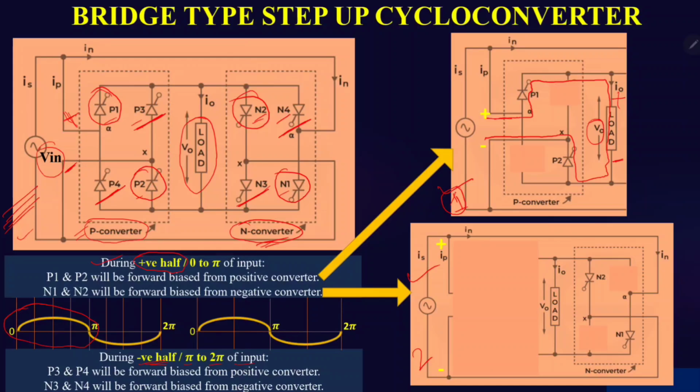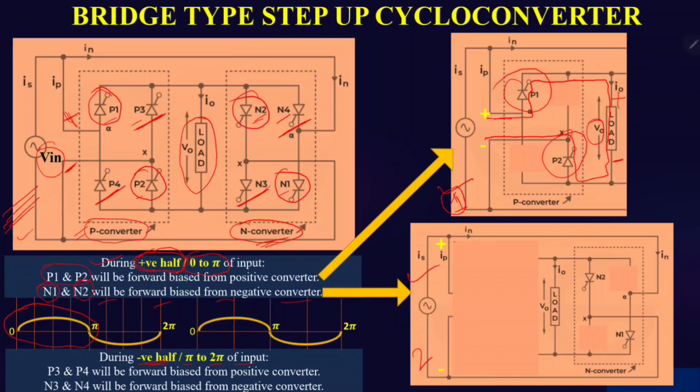And again, at that time P1 and P2 will be in forward bias from the positive converter. Now N1 and N2 will be in forward bias from the negative converter at the time of 0 to pi, the positive half. So what will be the direction of the current flow?